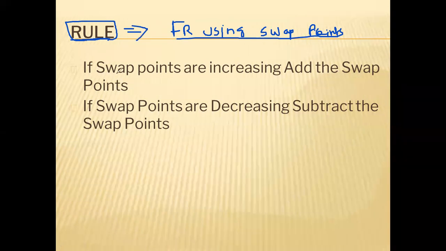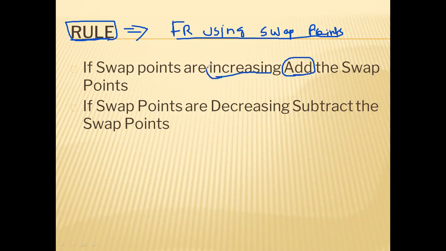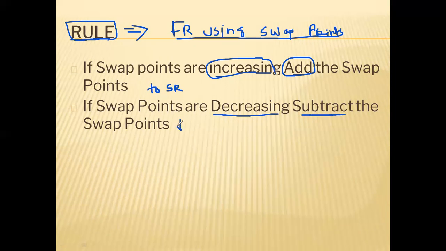Read this rule. You should see the swap points. If swap points are increasing, you add the swap points to the spot rate. If swap points are decreasing, you subtract the swap points from the spot rate.